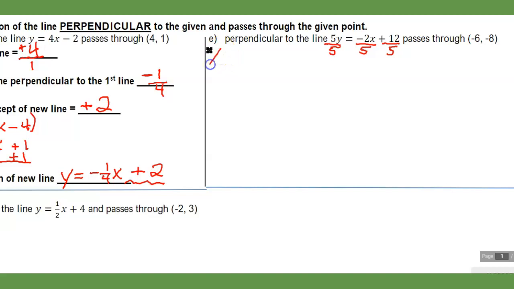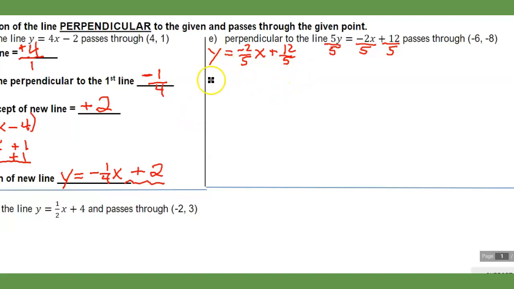So now we have y equals -2/5 x plus 12/5, or 2.4. It's not important. We're not graphing it, so it's not too important that that's a fraction y-intercept. We're just finding the equation perpendicular to it.